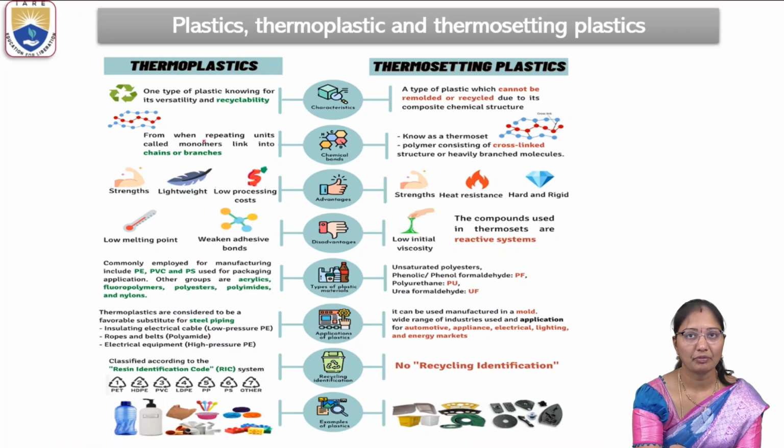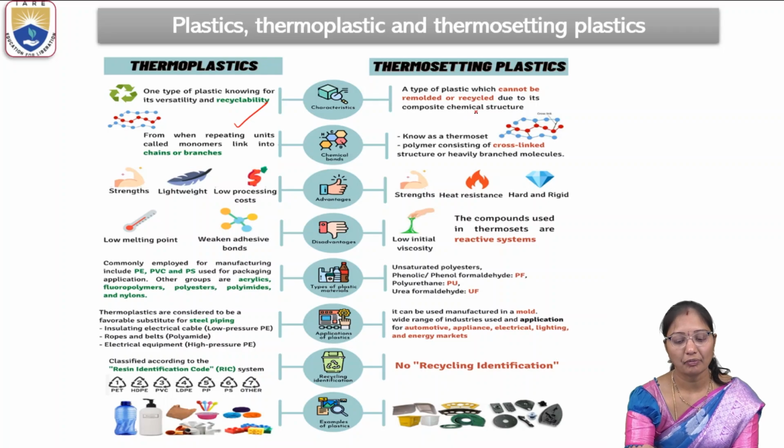Thermoplastic is a type of plastic known for its versatility because of its recyclability. Repeating units called monomers link into chains or branches. Thermosetting is a type of plastic which cannot be remolded or recycled due to its composite and rigid chemical structure, because of the cross links between the linear polymer chains.